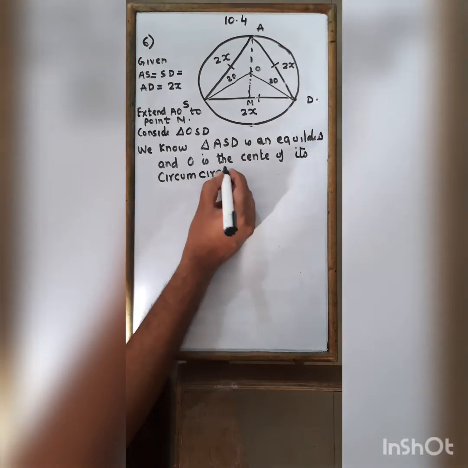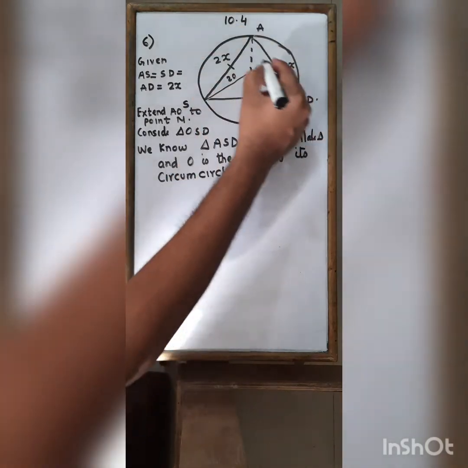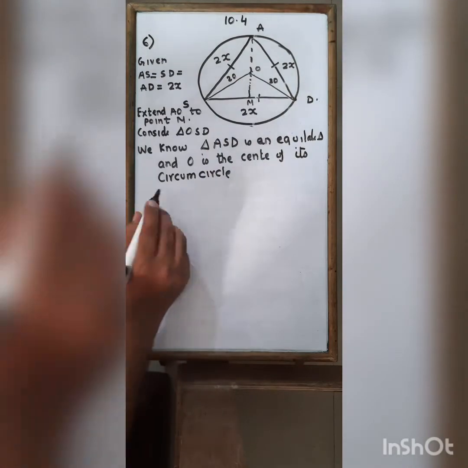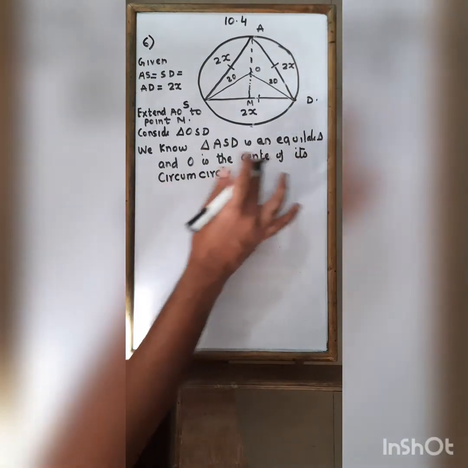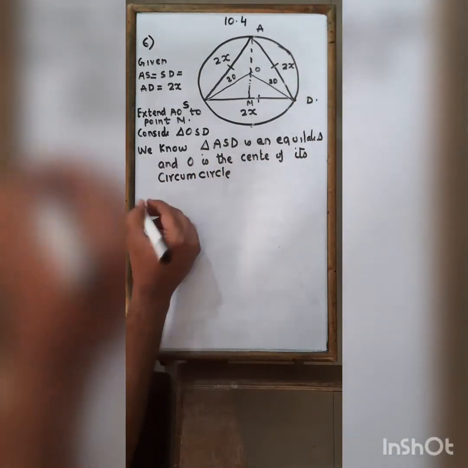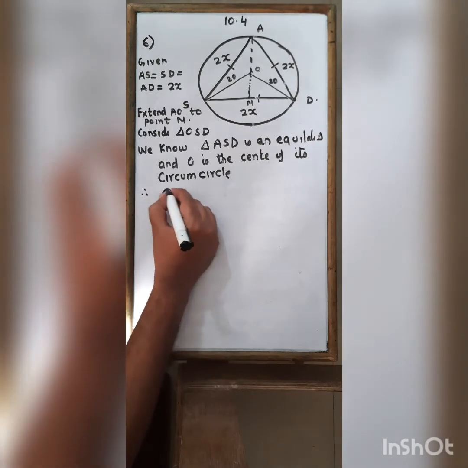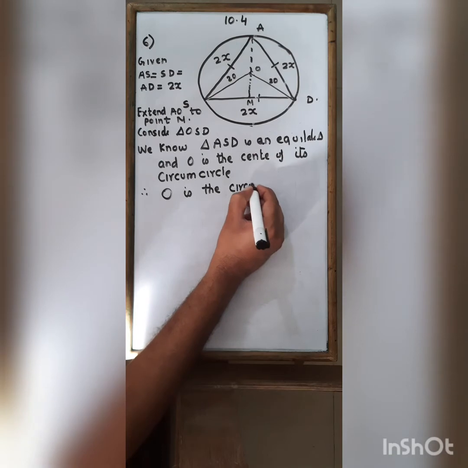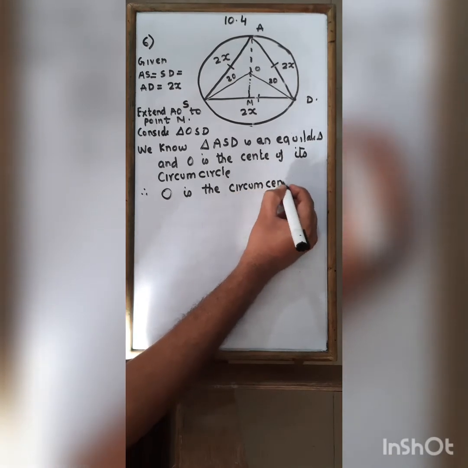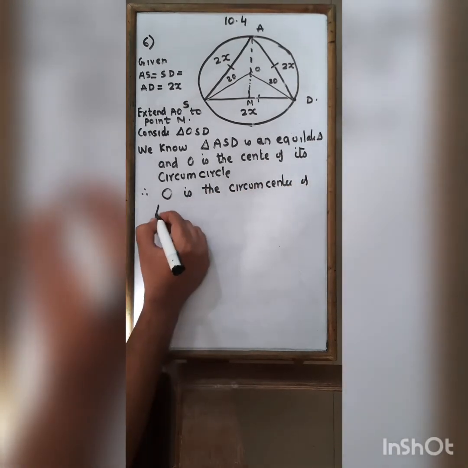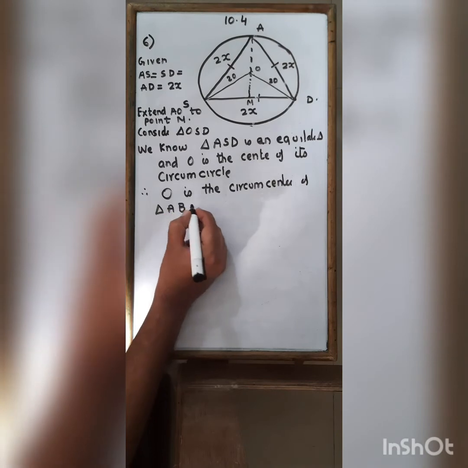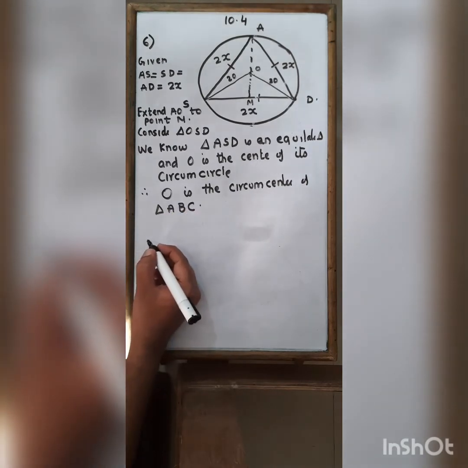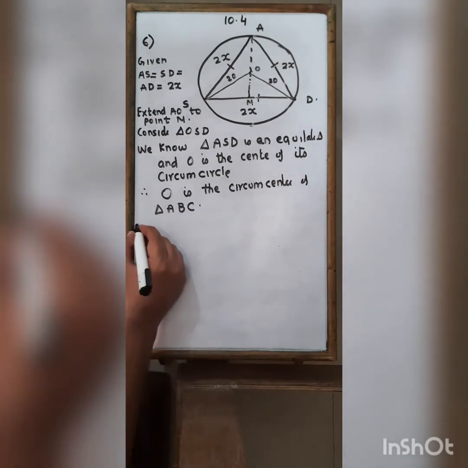So O is the center of the circumcircle of triangle ASD. Right? O is the center of its circumcircle. So therefore O is the circumcenter of triangle ASD.